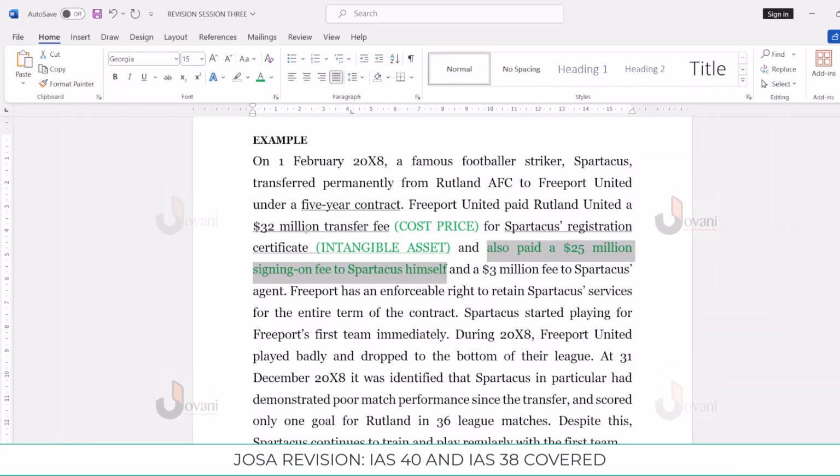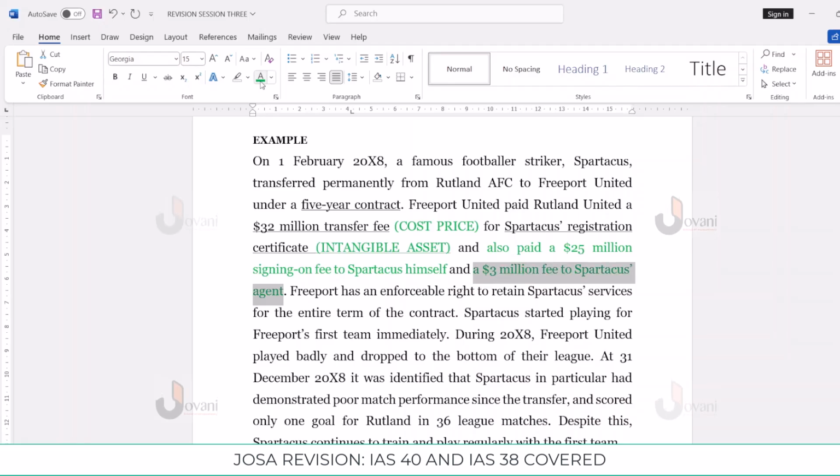And a 3 million fee to Spartacus's agent. You see, for them to be able to have Spartacus, they had to pay some money to his agent. So for Spartacus to be readily available for use, they had to pay the agent. So this is a directly attributable cost, which should be capitalized if you can remember very well your concepts.